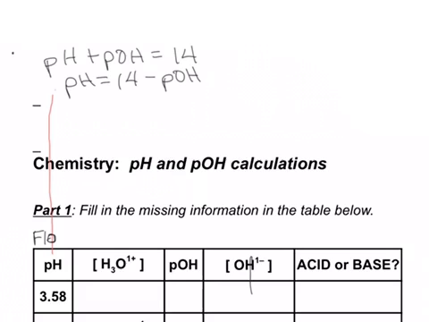The second formula: pH equals negative log times the concentration of hydrogen ions, or hydronium ions. It doesn't really matter how you want to look at it.